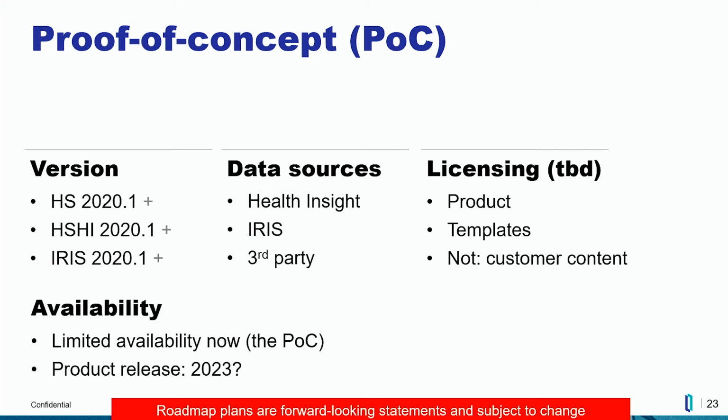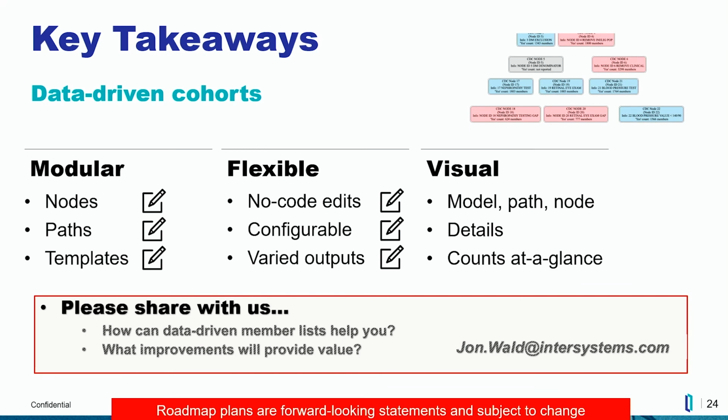And we believe that those will be owned by you and not something that would be licensed. So there's limited availability right now because we're in a proof of concept. We are not yet a product, but we're moving towards that and hope to have something ready for release by the end of 2023.